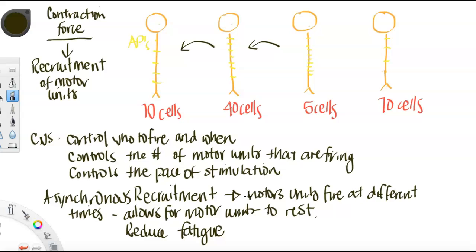So the more forceful the contraction has to be, the more motor units are engaged. The faster they're engaged, the quicker that muscle is going to kind of fatigue out. All right, so that is how we deal with power and force of contraction. So now we will look at types of contractions and types of muscles.